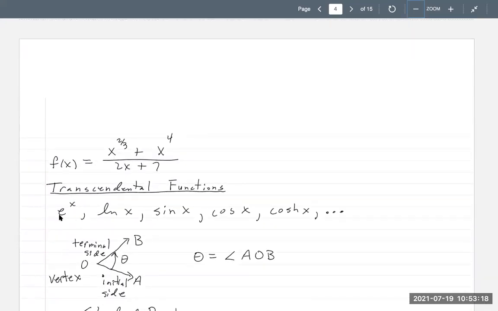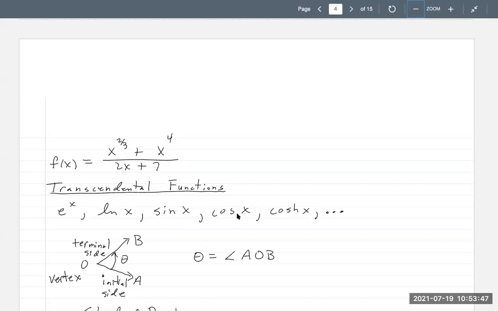Examples of transcendental functions: really you only know one example, the exponential function, e to the x, which is a transcendental function, and its inverse, ln of x.